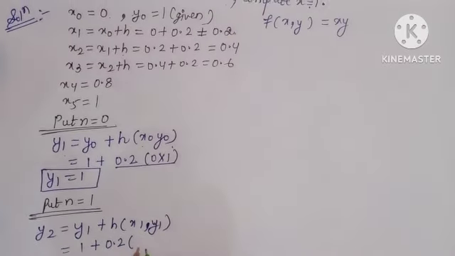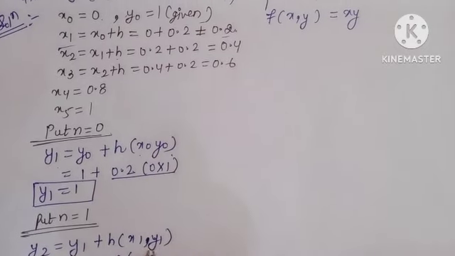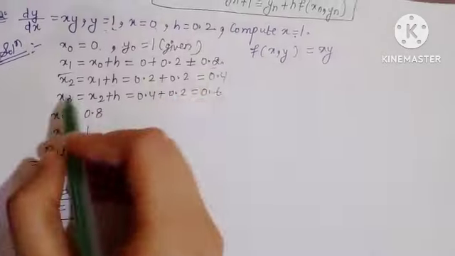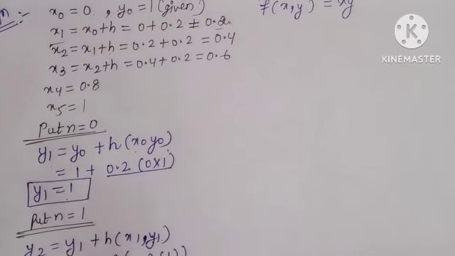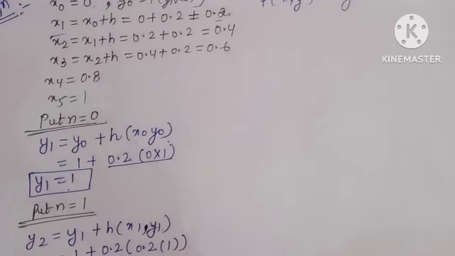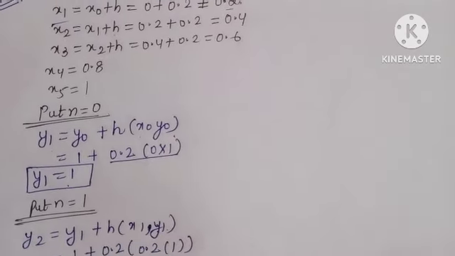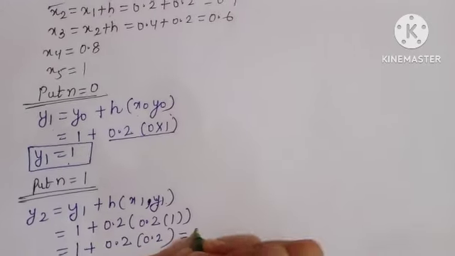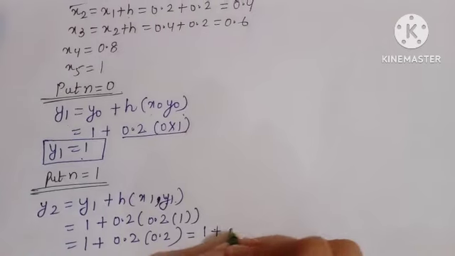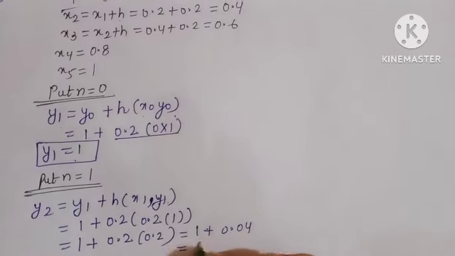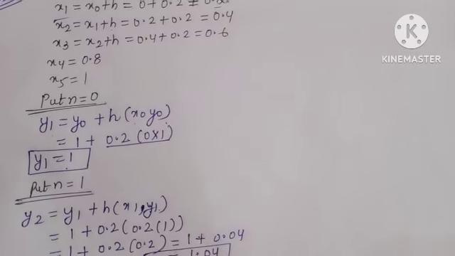So x1 is 0.2 into y1, y1 is 1, so 0.2 into 1. So 1 plus 0.2 into 0.2, the value will be 1 plus 0.04, which means 1.04. The value of y2 is 1.04.